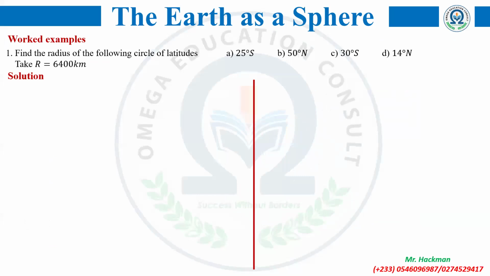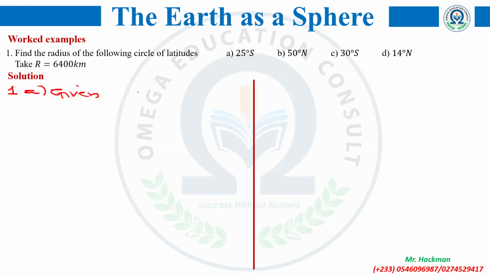Here you've been given the latitude, and all latitudes apart from the equator are small circles. So if you're asked to find the radius of the latitude that you have here, then you are finding the radius of a small circle. So here, solution, question 1A. What am I given?